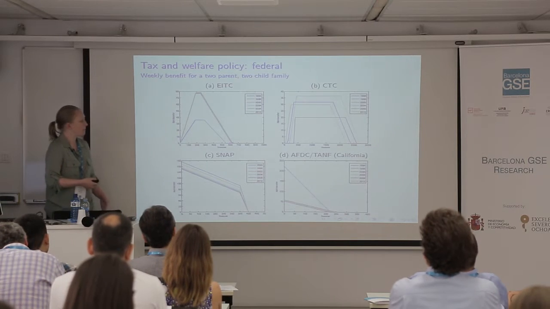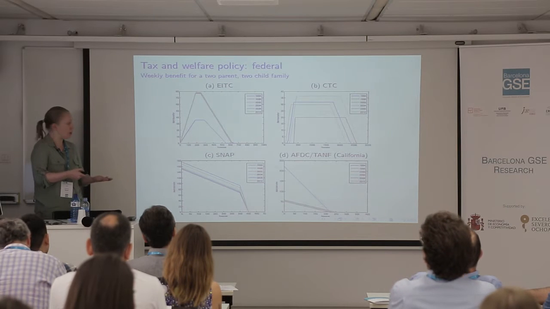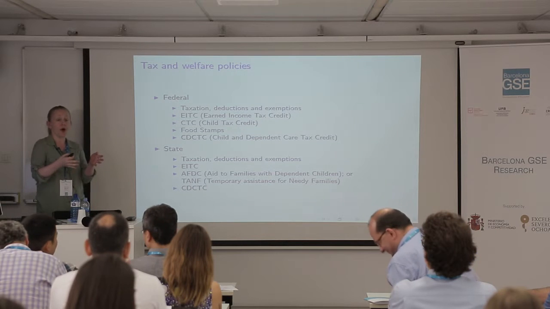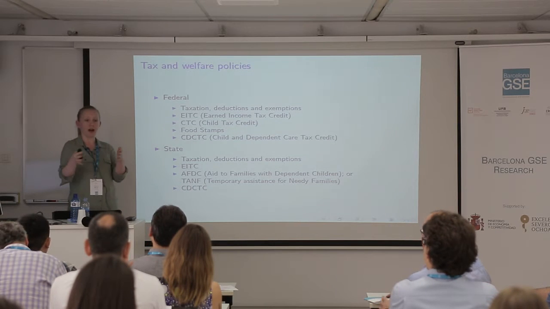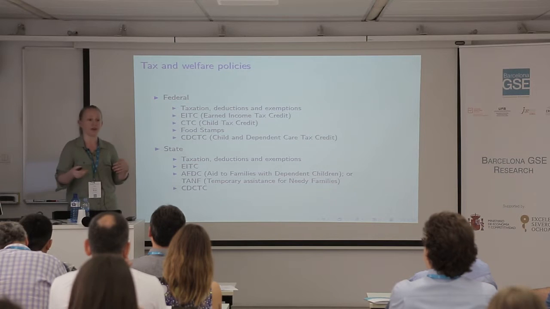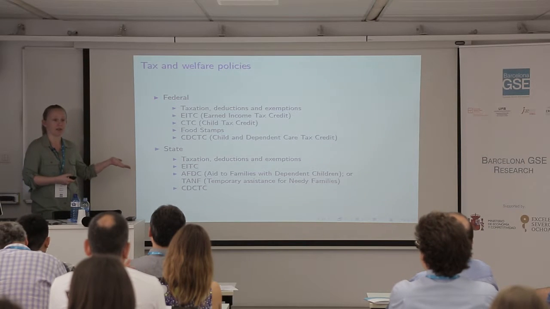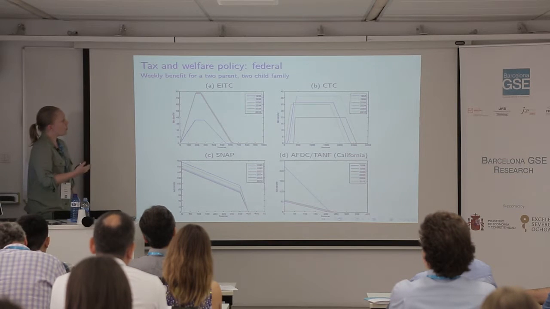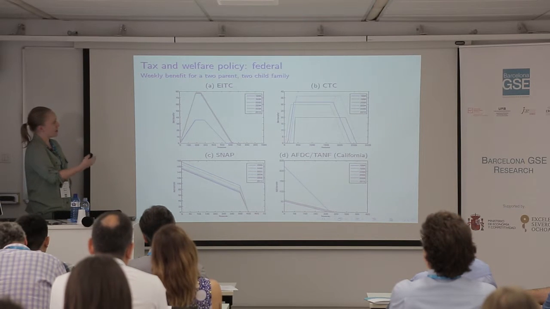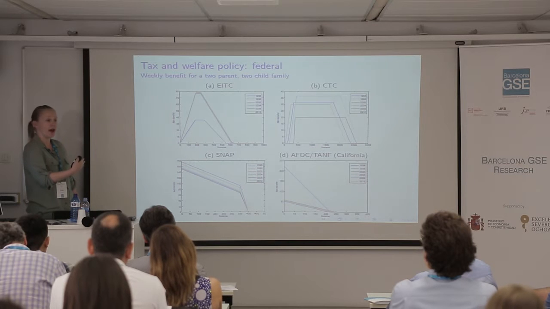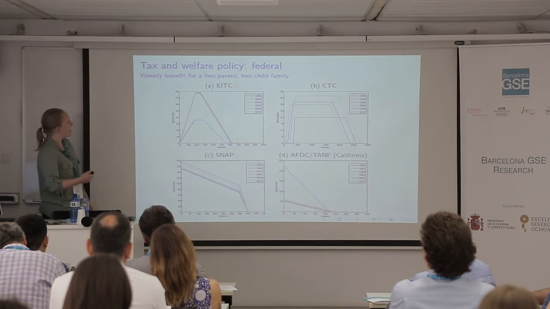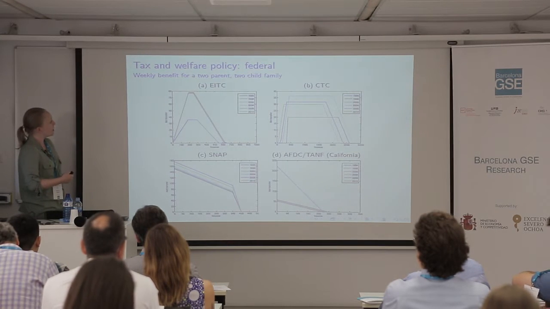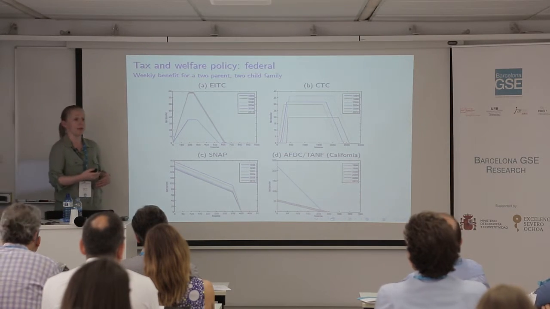These policies are, in terms of the amount of the welfare budget allocated to various items that benefit children, really the big ticket items in terms of cash welfare. Now if we look at how these policies vary over our time period, these plots show the weekly benefit for a two-parent, two-child family.